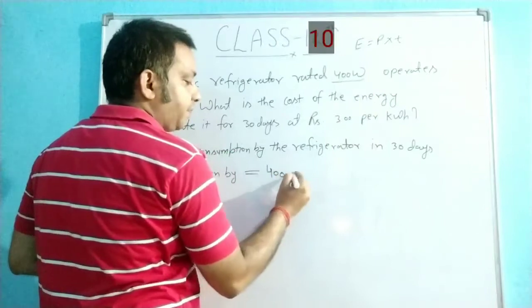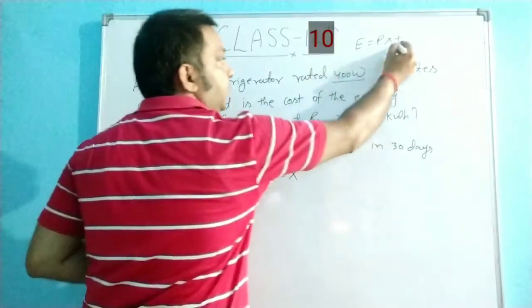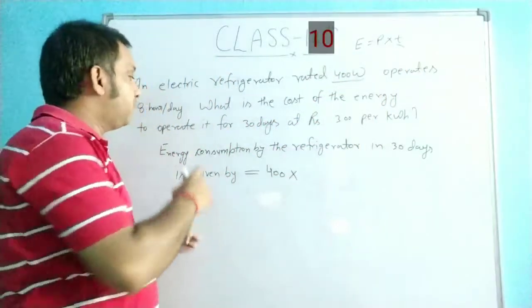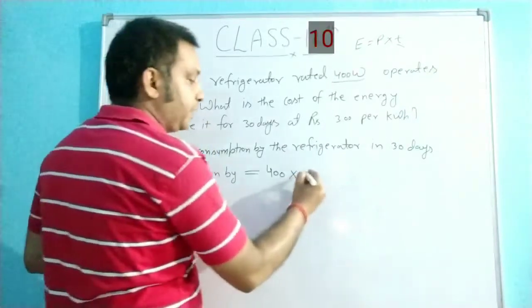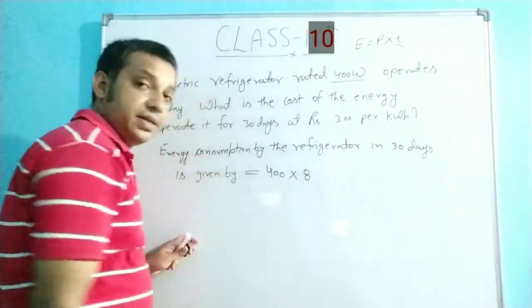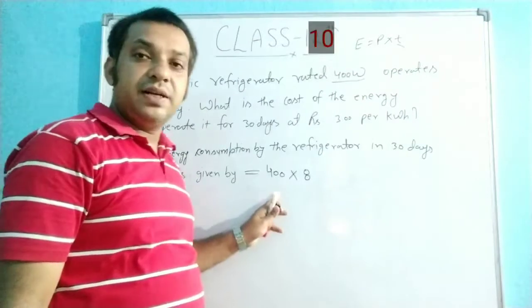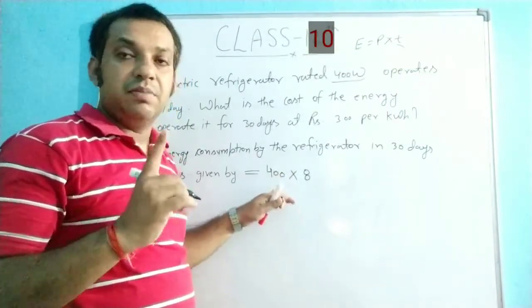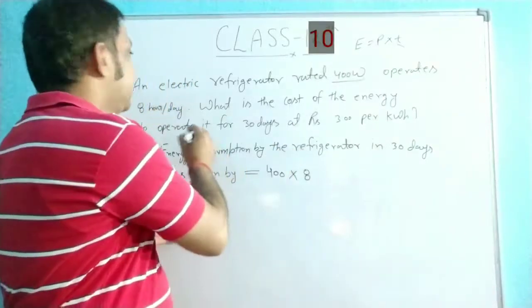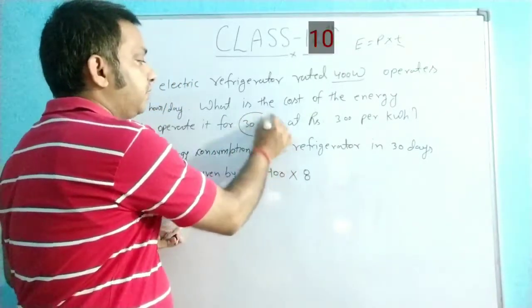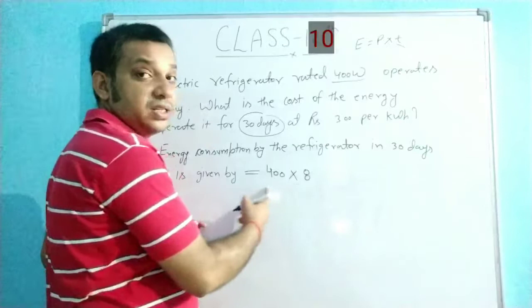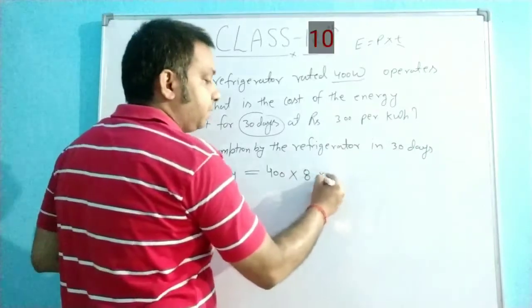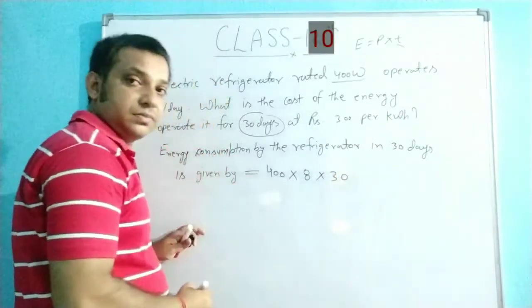So 400 multiplied by the time. It operates only 8 hours in a day, so if you multiply by 8 hours, you will get the energy consumption of 1 day. But we have to find it for 30 days, so multiply by 30.